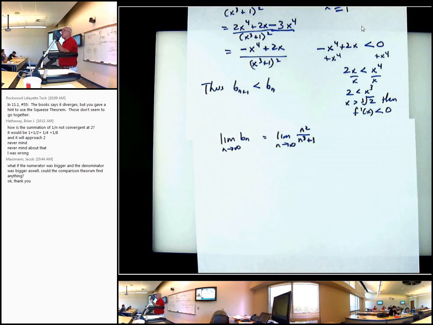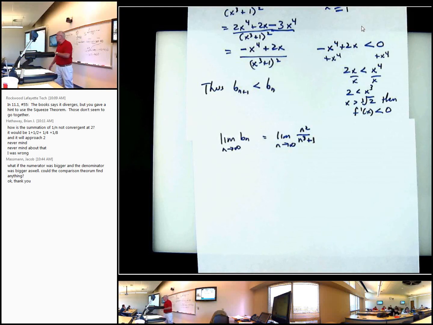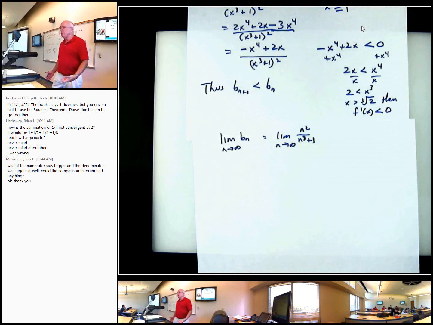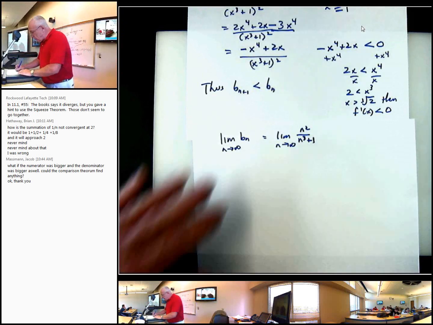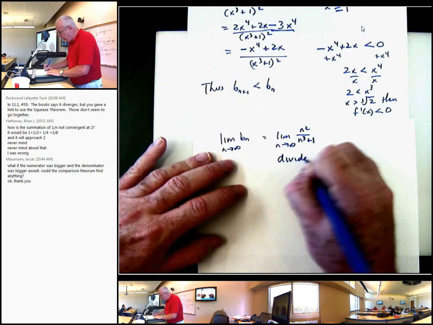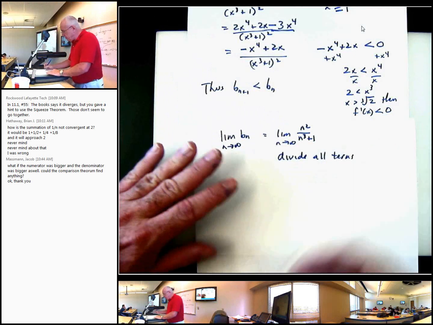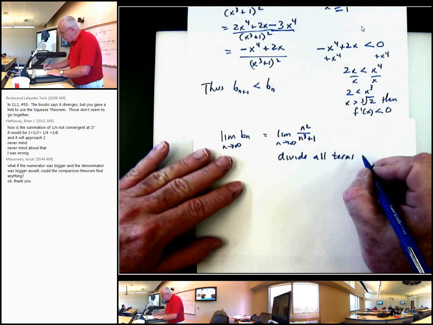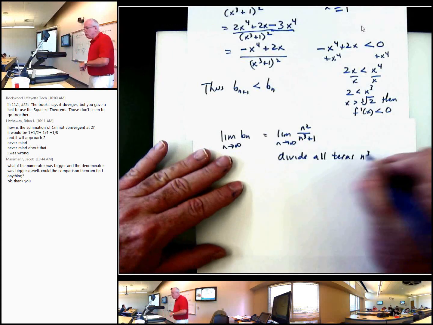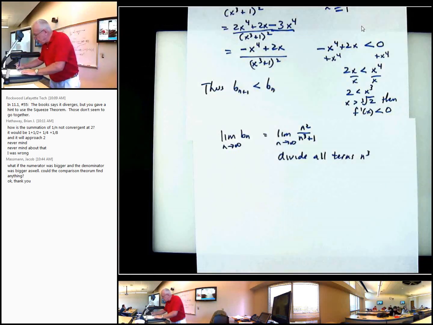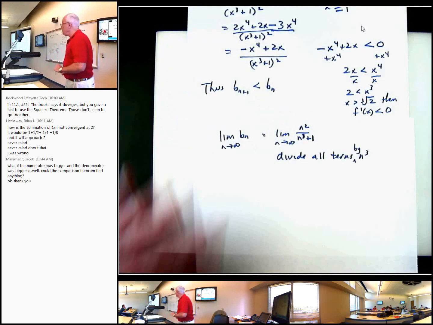It's best to just use the biggest power. You could use n squared and it would work, but I just want to give you a consistent thing to do and divide by the biggest power of n. So divide all terms. Jenna, you would see that it would work if you divided everything by n squared, but let's just divide all terms by n to the third power.